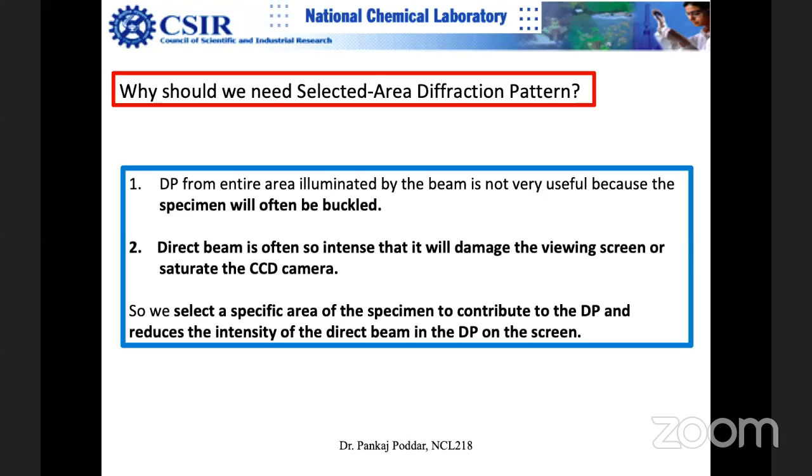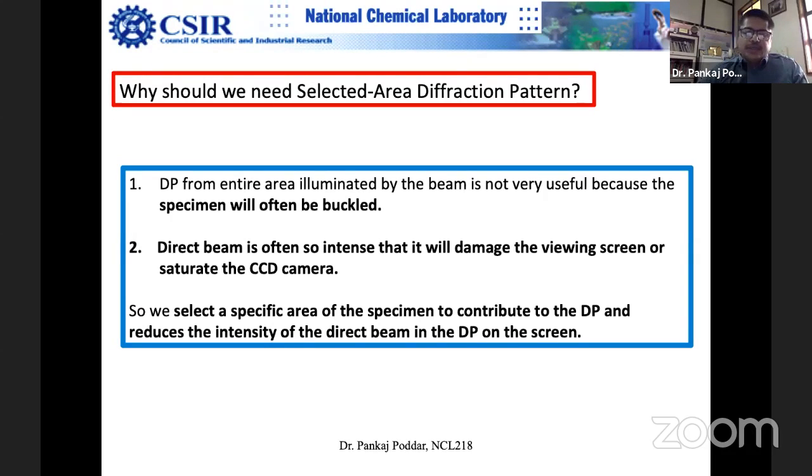Yes, sir. I have one question: how is Fourier transform actually done in TEM, how is it performed, whether it is a special software or something? There are two ways. One is through software. Another is through hardware. When you use the lens system, the lens system itself is doing the Fourier transform.